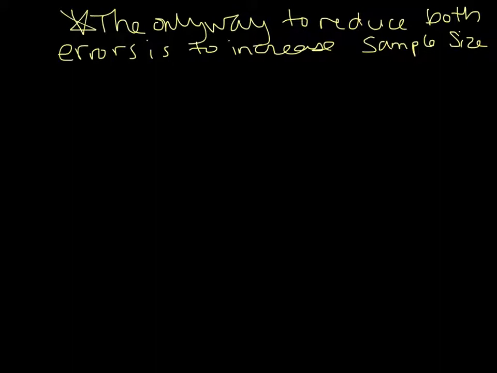For example, if you reduce the probability of a type 1 error, then the probability of a type 2 error is going to increase. So that's why sample size is really the only thing that you can change to control that.